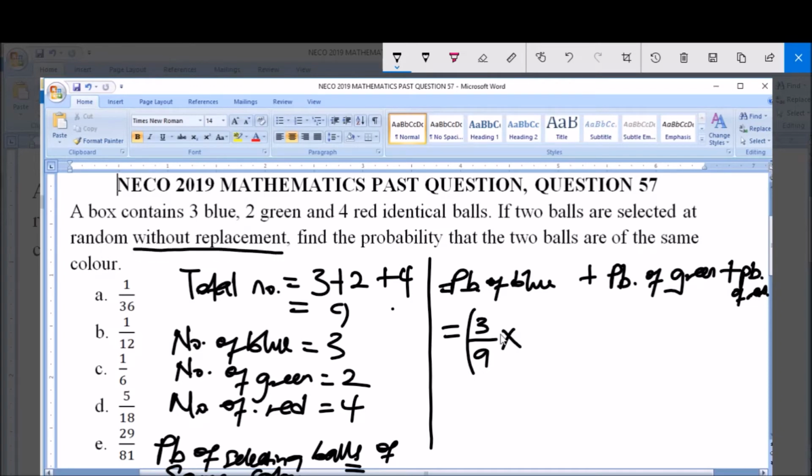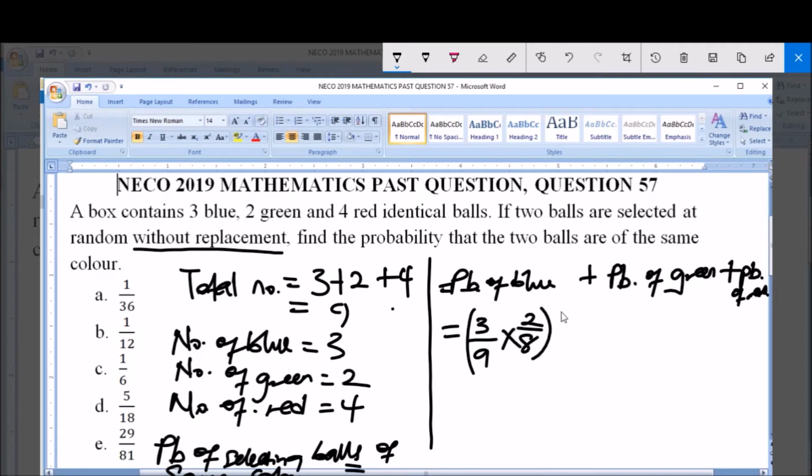Initially we have 3 blue balls; when you pick one out of those 3, 2 blue balls remain in the box, and the total number also reduces to 8. So the next will be 2 all over 8 instead of 3 over 9 again. Since we remove 1 out of 3 we have 2, and since we remove 1 out of 9 we have 8.